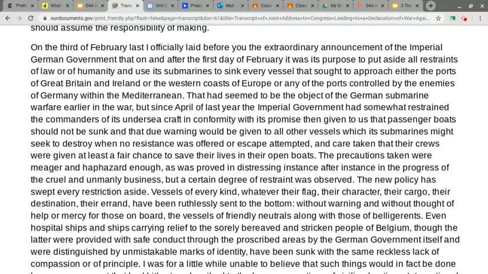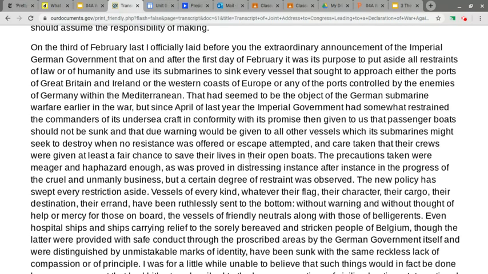But if the English can't import things from the United States, that means we're not getting that money that we typically received from international trade. So, loss of life, of course, was a factor, but more than anything, it was these violations of trade that had seemed to be the object of the German submarine warfare earlier in the war.